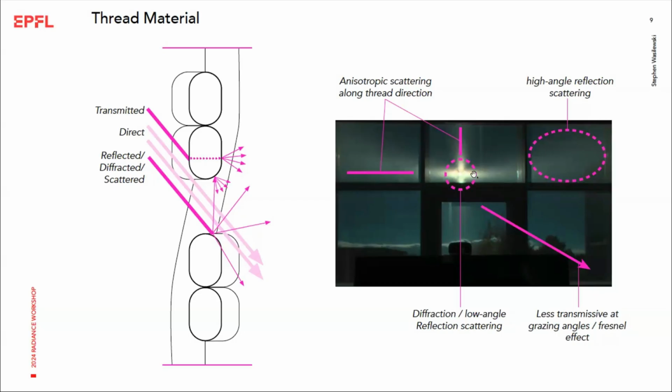And then there also seems to be an intense area of diffraction and low angle reflection scattering, maybe the one bounce stuff, that is quite intense. And then there's also farther scattering out here, this high angle reflection scattering that's hitting at more acute angles.